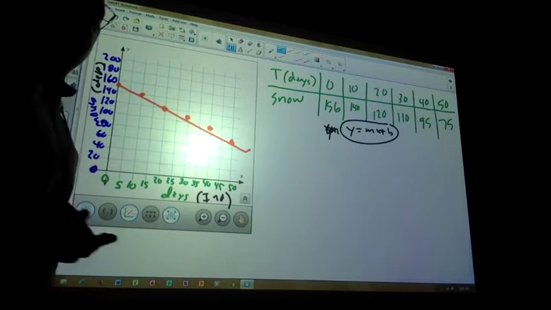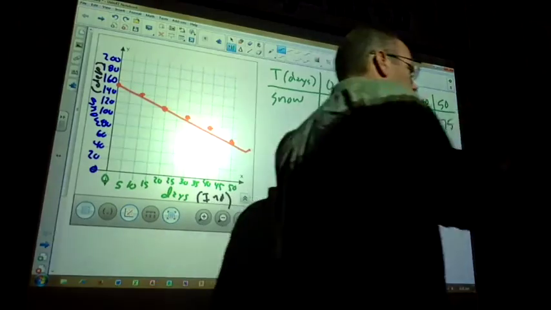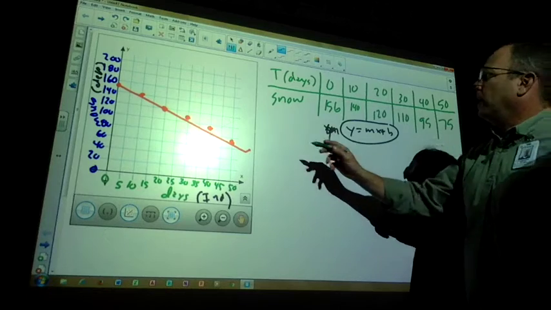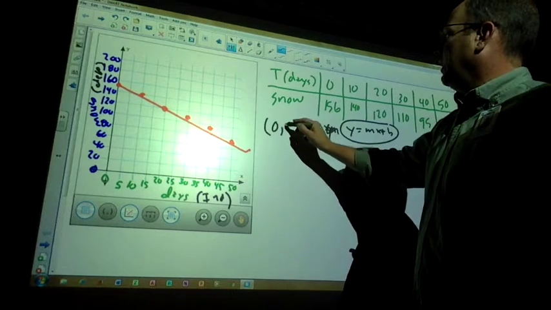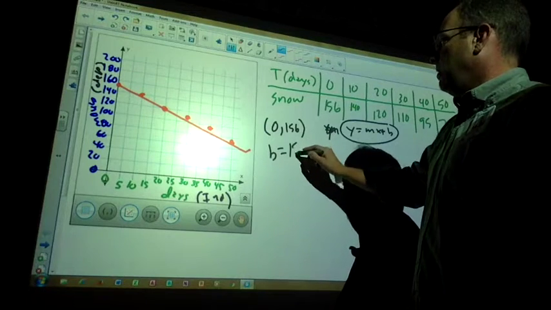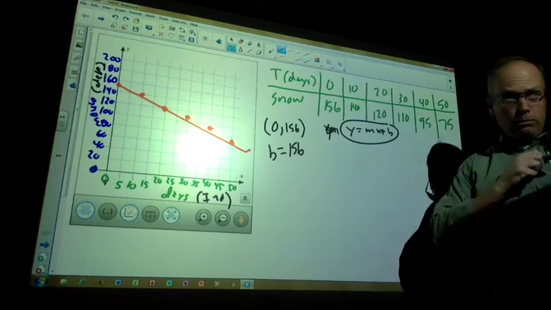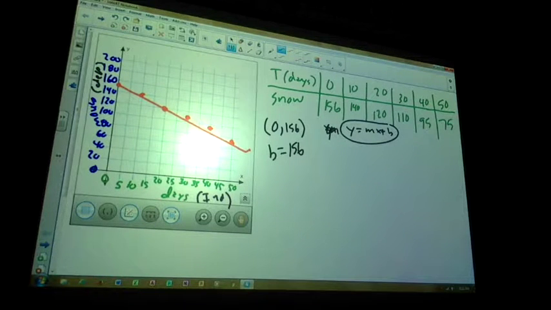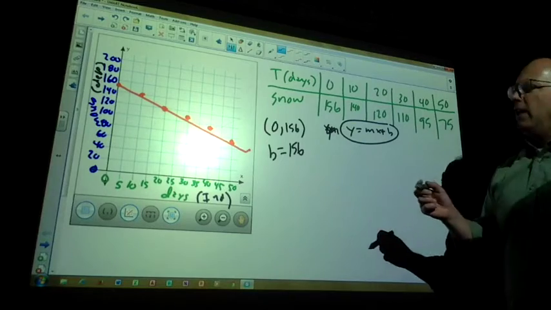So do I know what my y-intercept is? Yeah, (0, 156). I know that 156 is my b value, which I can plug into this. Then I have to figure out another point. What did I talk about yesterday that might have been good?